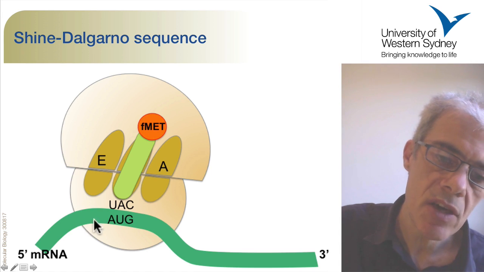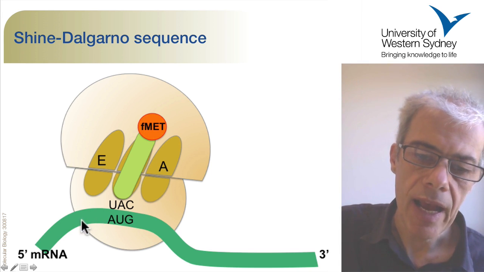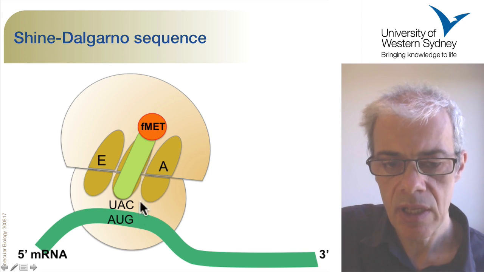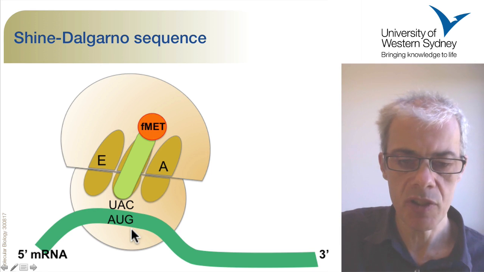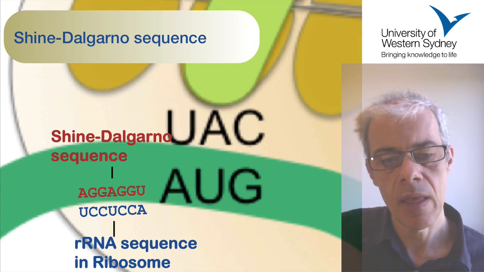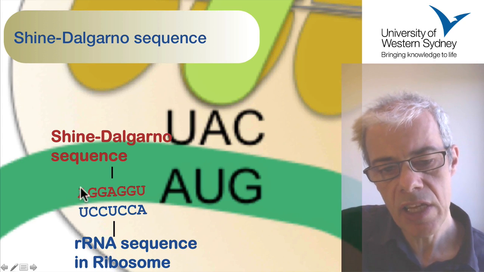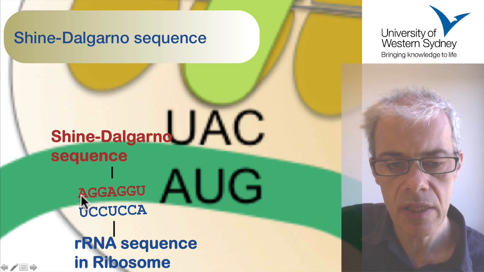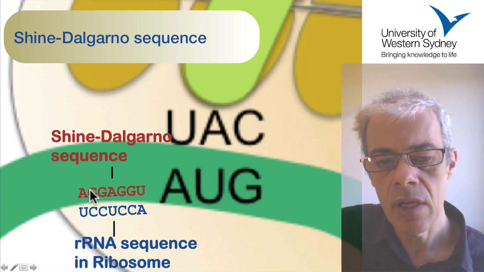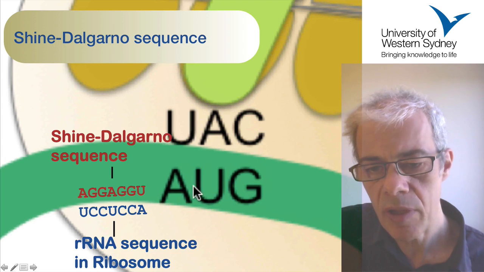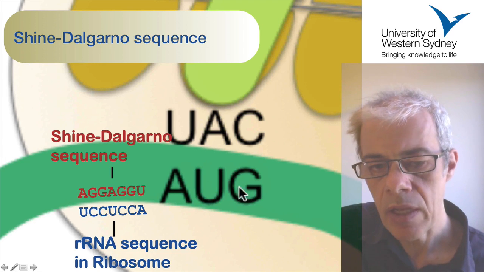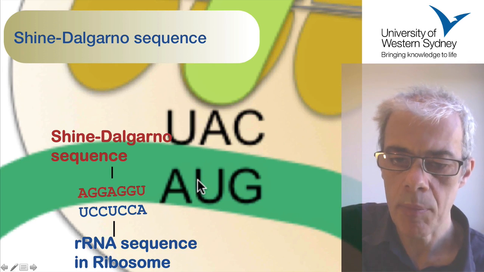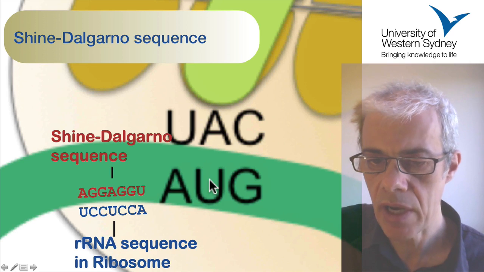Now there's an upstream sequence here, and the first AUG from this upstream sequence is what determines the assembly here of the small subunit. Now, there's a sequence here in the messenger RNA that's referred to as the Shine-Dalgarno sequence, AGGAGGU. This is the Shine-Dalgarno sequence upstream of the first AUG, and that distinguishes this AUG as an initiator codon rather than a plain old codon for methionine.